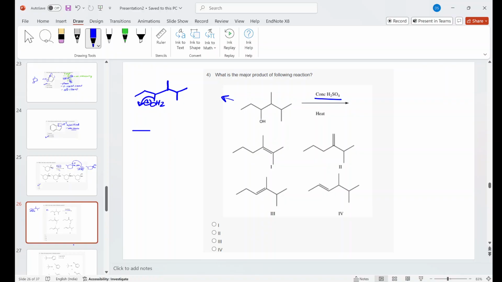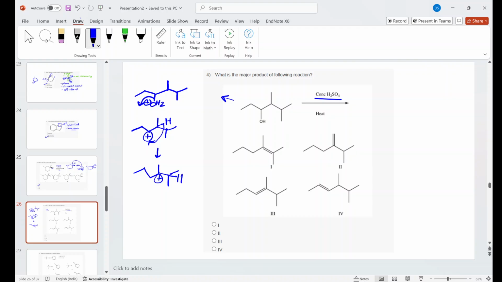Then you will have a carbocation, positive. But you can see you have a proton here that can migrate to this position so that you'll have a much more stable carbocation present.